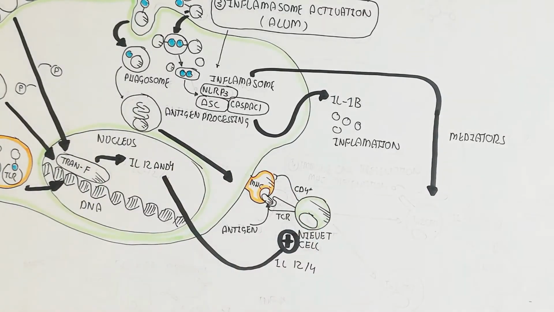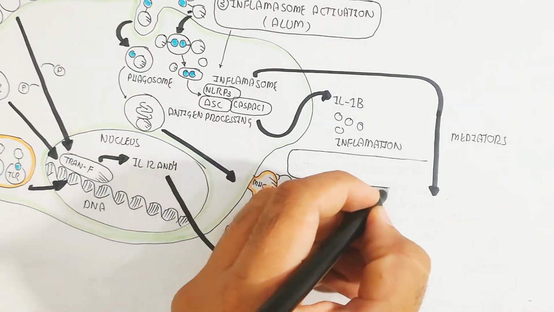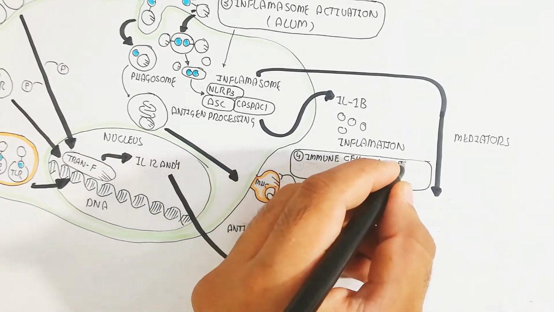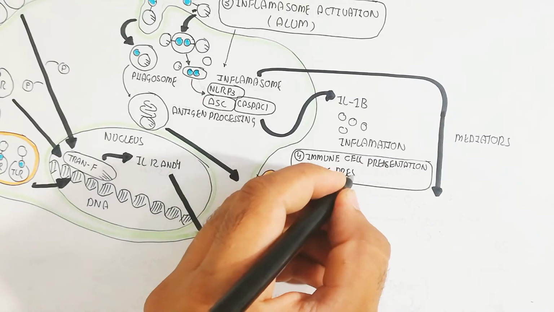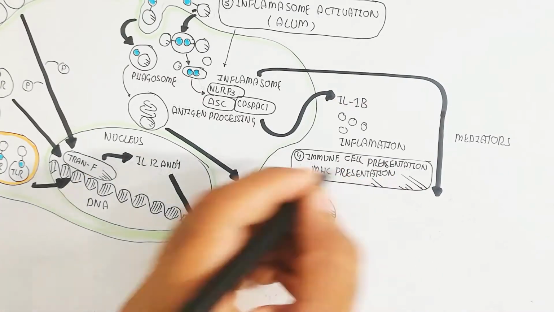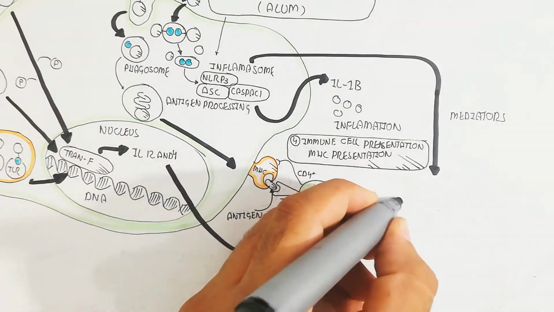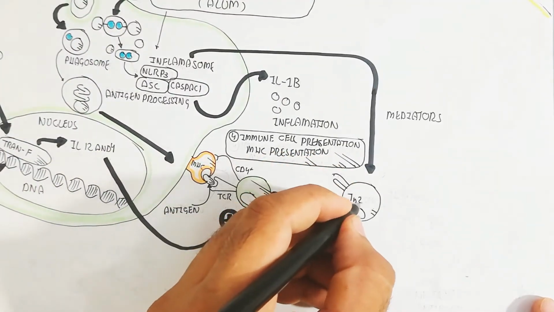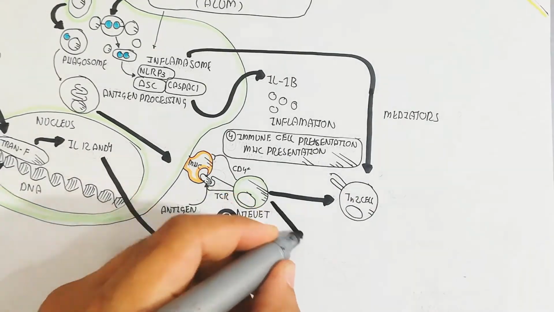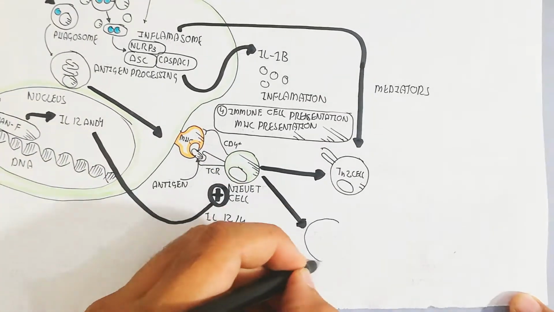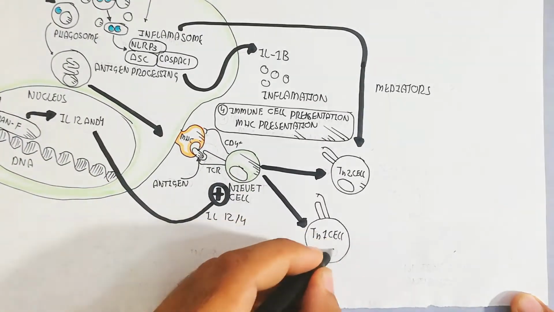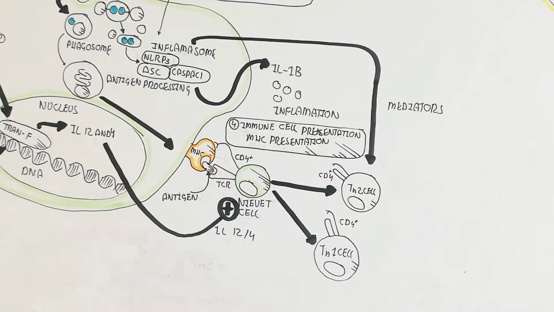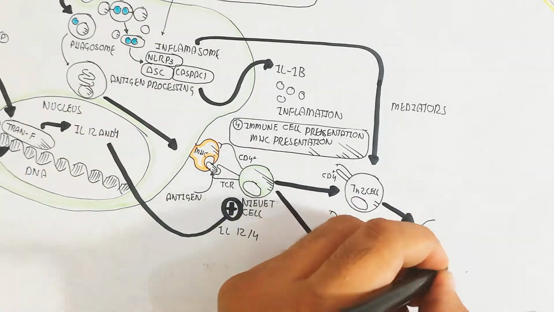In this way, for the naive cell, step 4 is the immune cell presentation, MHC presentation, which will lead to triggering the CD4 positive T cell, the T helper 2 cell. This T helper 2 cell will produce interleukin 4, 5 and 13. These interleukins 4, 5 and 13 are also produced from the inflammasome. So in this way, the T helper 2 cell is recruited.